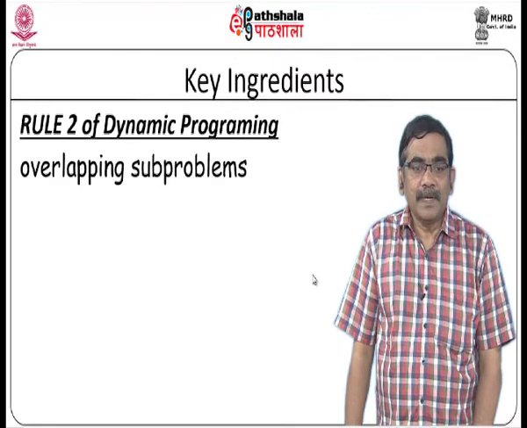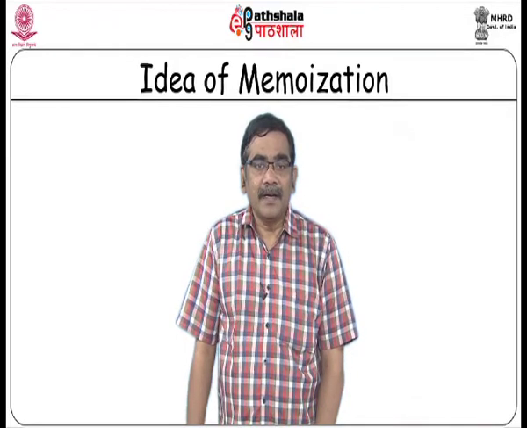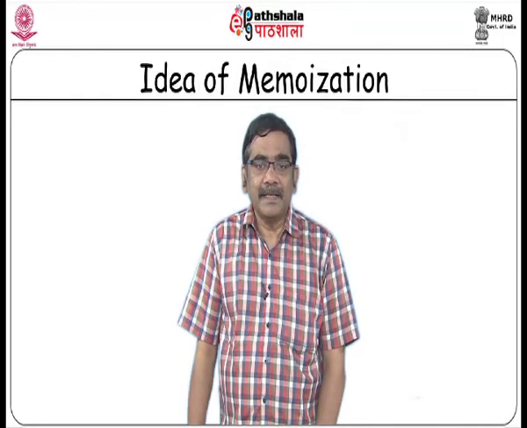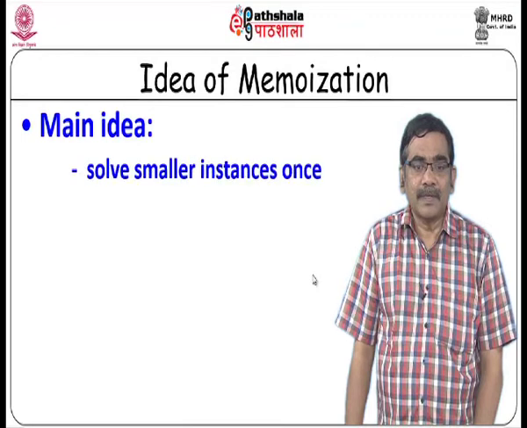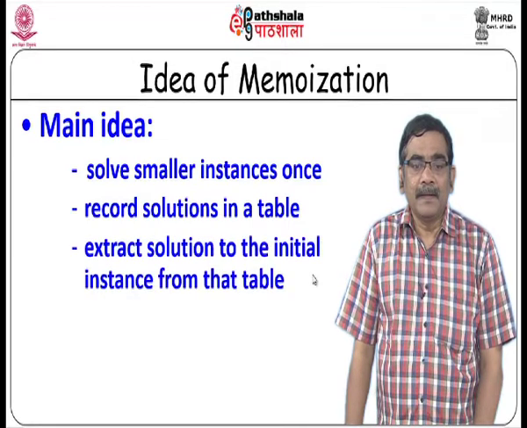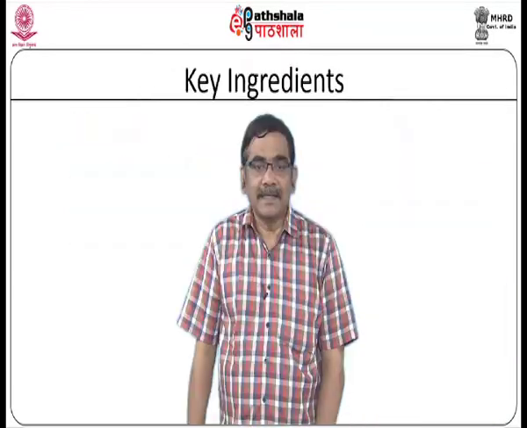So, the key principle involved is the idea of memoization. Last module I was telling you that memoization is a corrupt word of memorization, where we will use some sort of a table. We will solve the smaller instance first, then we will record solutions in the table, then we will extract the solution from the table itself to find the solution of the larger instances.